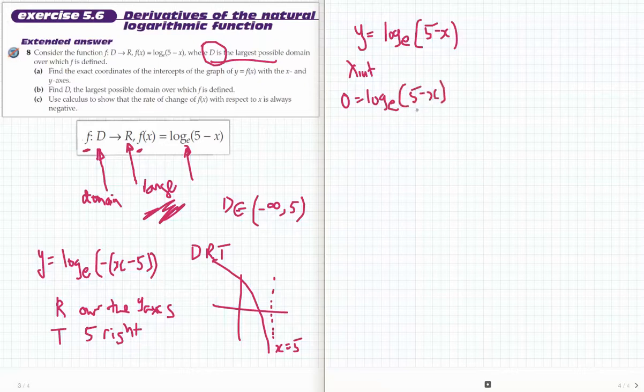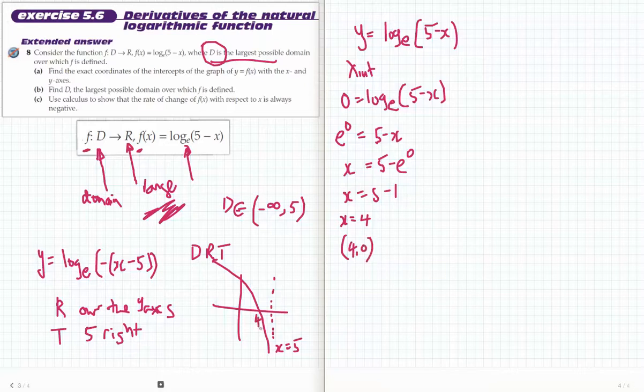My x is locked inside the logarithm, therefore I'm going to turn this into an exponential. e to the 0 equals 5 minus x. Move the x over, move the e to the 0 over. x equals 5 minus 1, x equals 4. Therefore, the exact coordinates of the x-intercept are (4, 0).